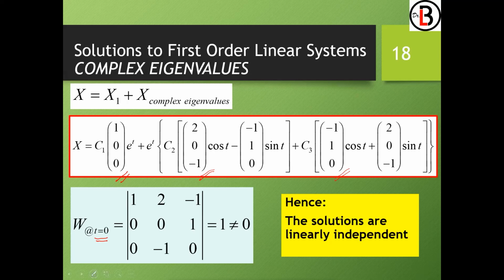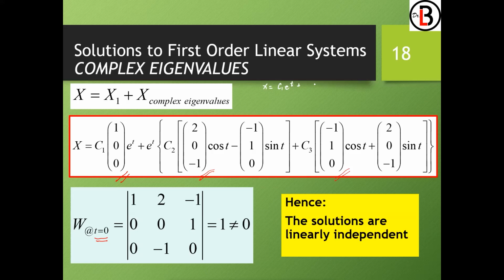If you want to write the solutions as x, y, and z, you can do that. So you can say x is equal to c1 e to the t plus c2 cosine t plus, hang on, I'll just combine them because they both contain c2.